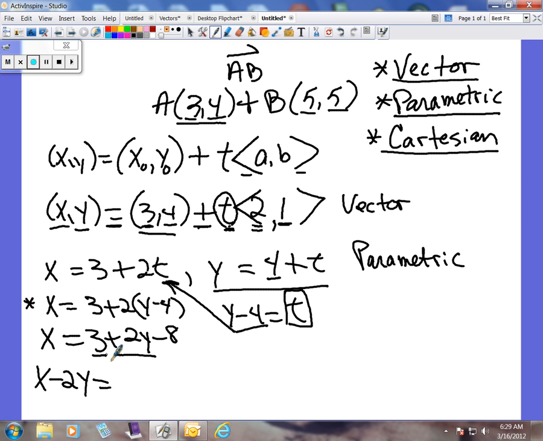Now we combine 3 and negative 8, and we get negative 5. So now we have our Cartesian equation. I know it's down here by itself, but we'll write it down here. This is the Cartesian.